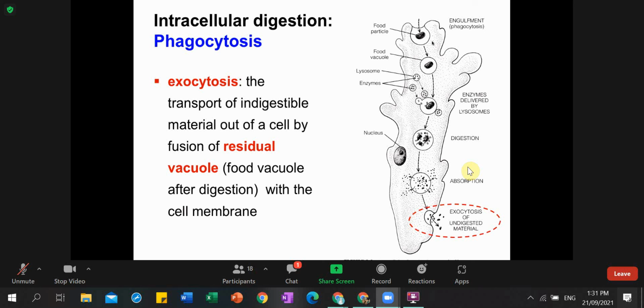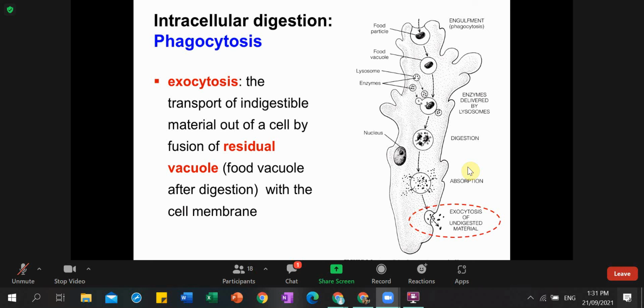So basically, you can see the food vacuole is basically a part of the cell membrane. The food vacuole actually formed from a part of the cell membrane, and after they digest the food, they will fuse back to the cell membrane. And this is essentially the way protozoans digest food.